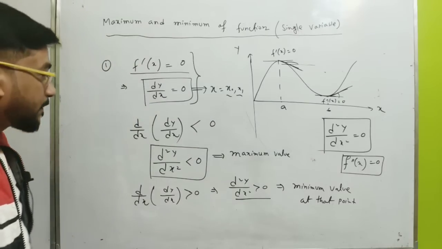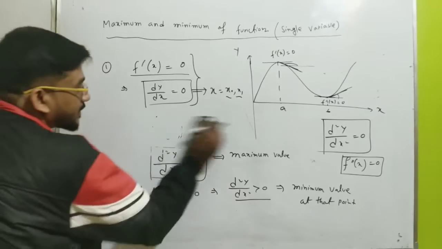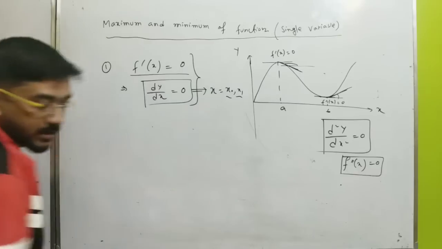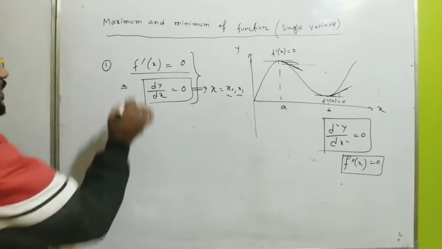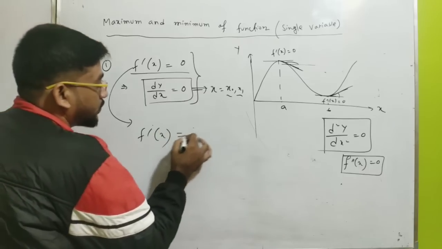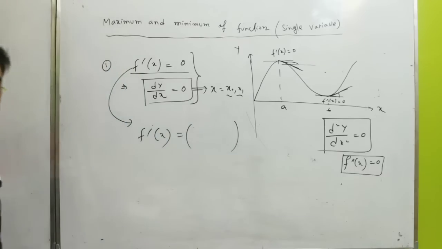Then we have to check f prime x. We have only the option to check f prime x. So we will get some expression of f prime x from f of x.